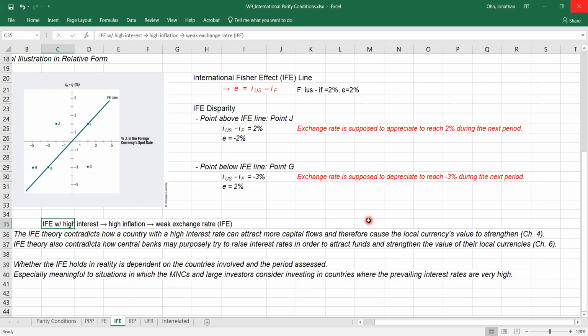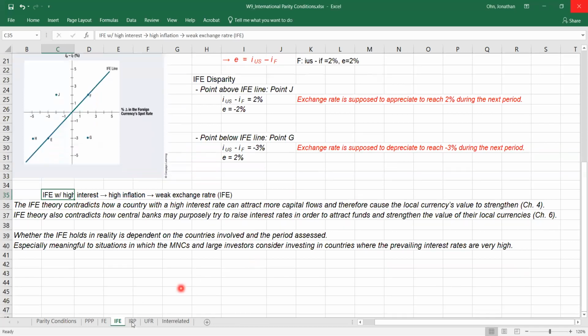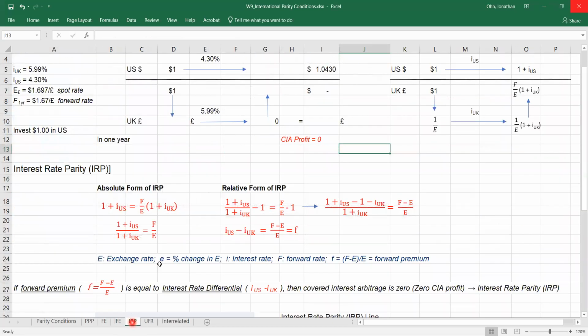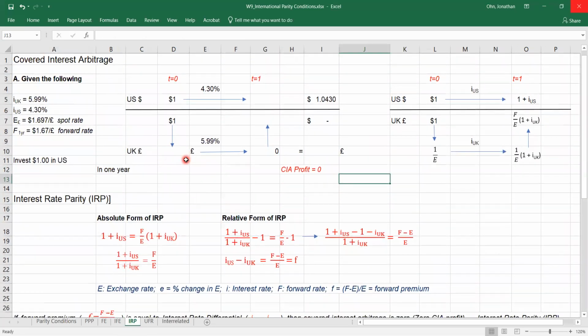So you have to pay attention to both factors. If you pay attention to just interest rate, then you might get in trouble. Right? You see what I mean? Okay. And interest rate parity. All right, we talk about this one, right?